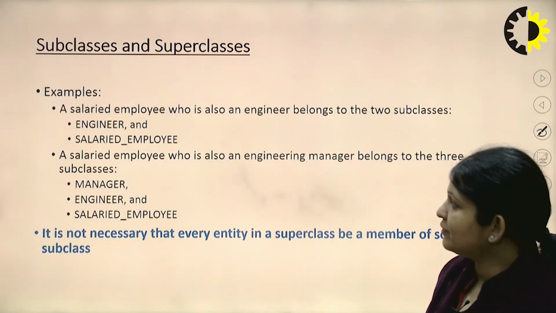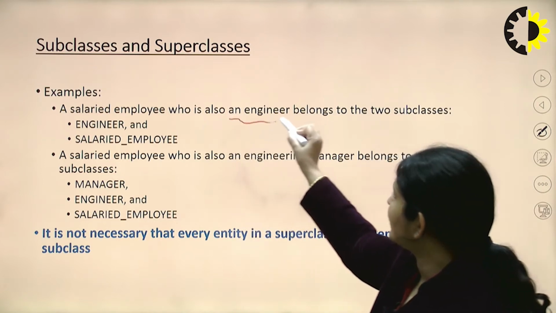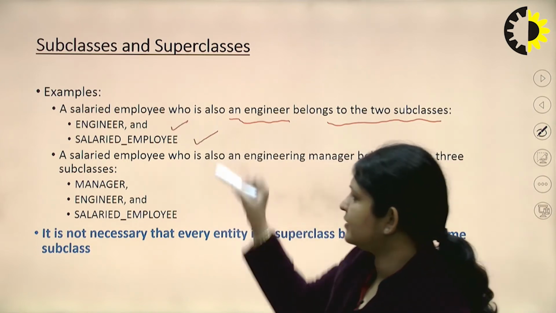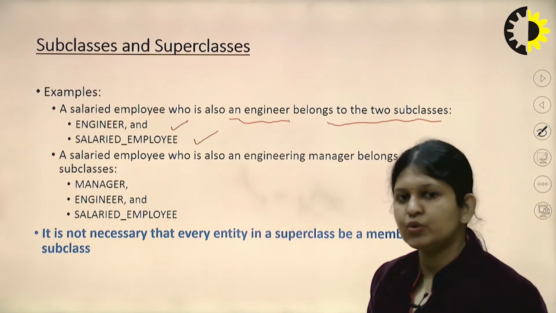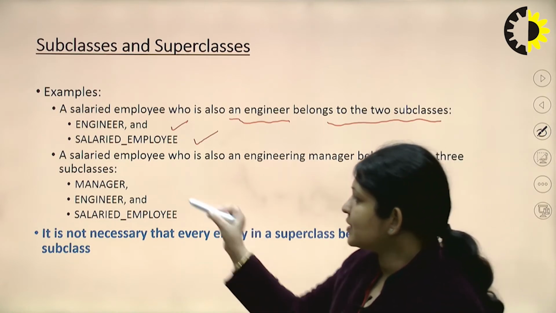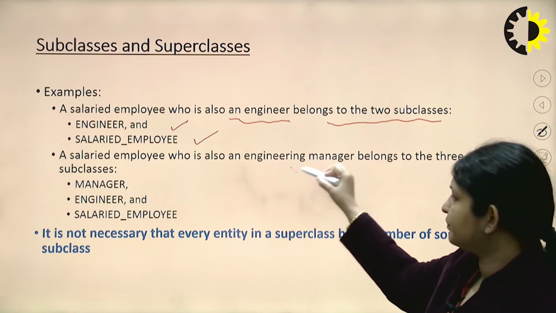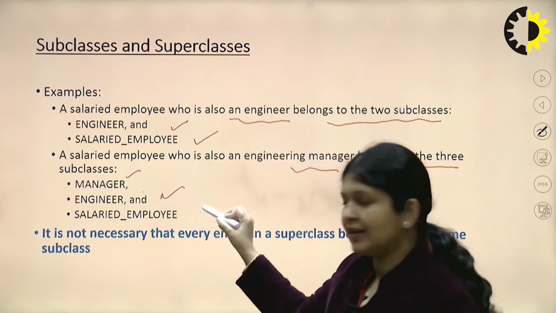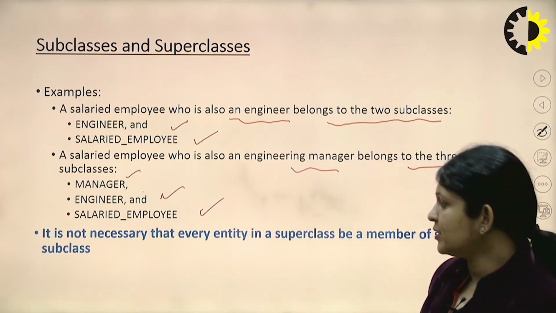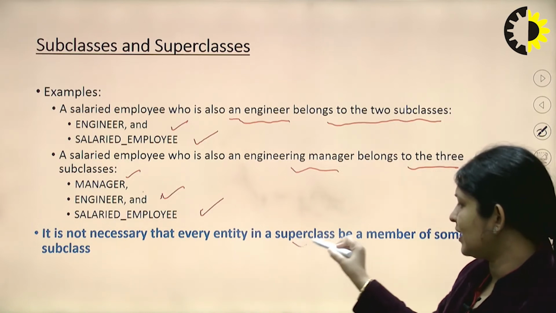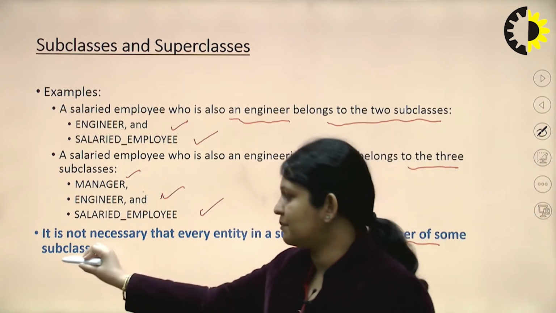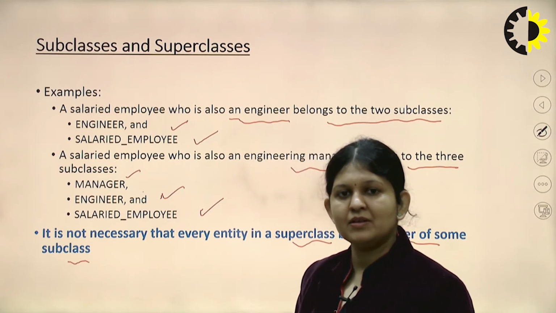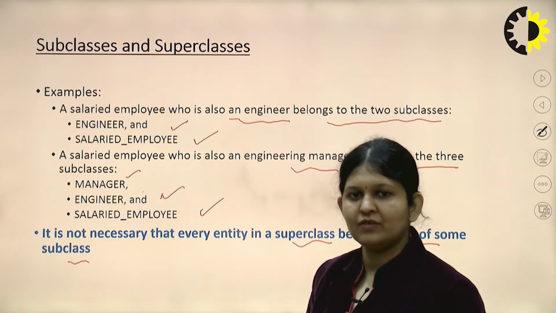For example, here we have a salaried employee who is also an engineer, and belongs to two subclasses, that is the engineer subclass and the salaried employee subclass. A salaried employee who is an engineering manager belongs to three subclasses: manager, engineer and salaried employee. So it is not necessary that every entity in a superclass be a member of some subclass. We may have some subclasses which don't include all the members of the superclass.